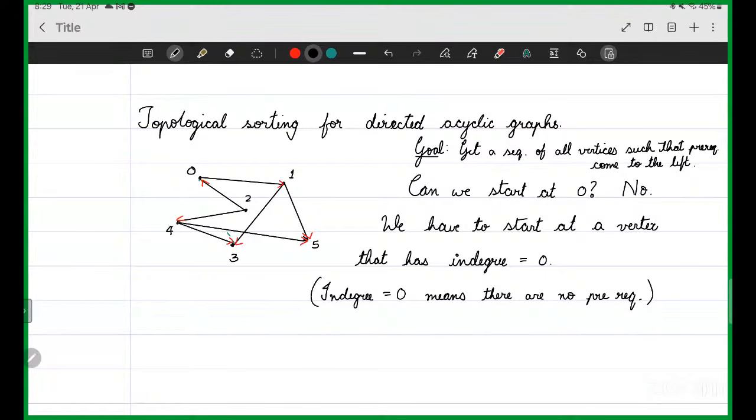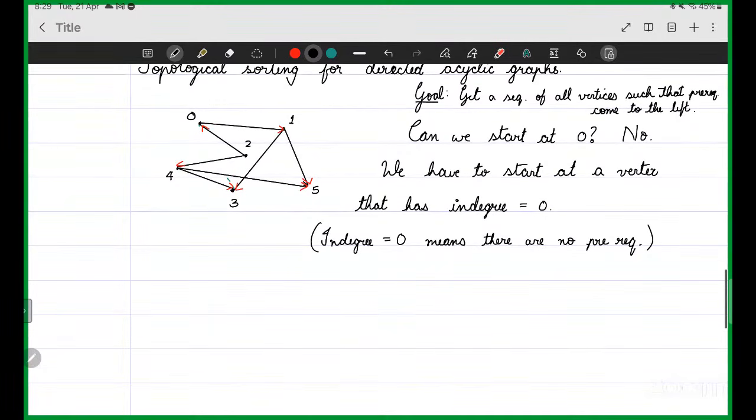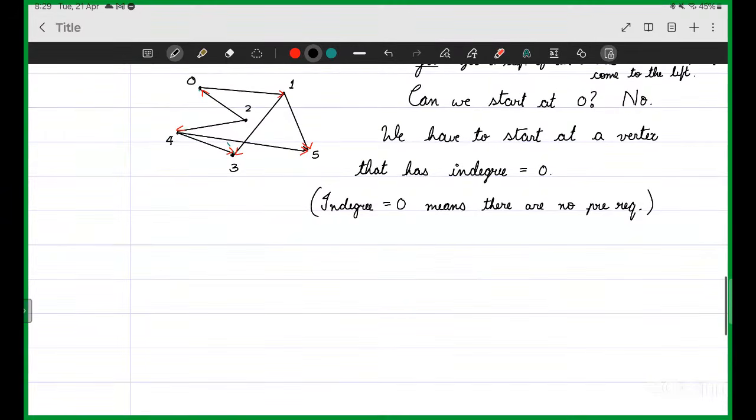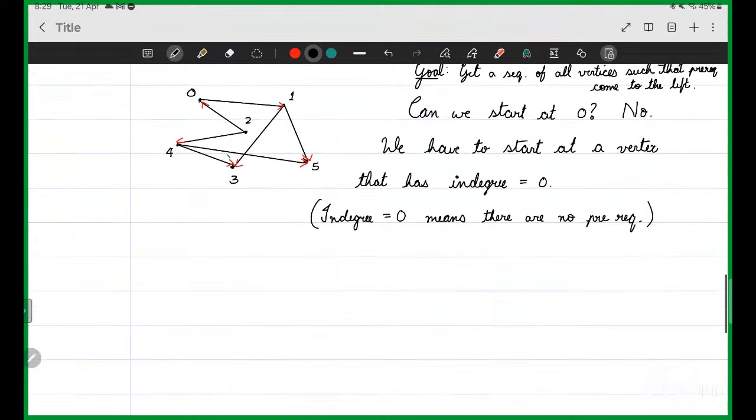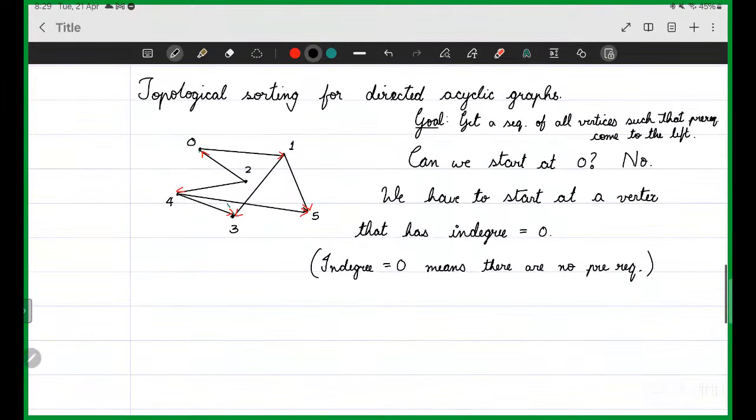Okay, so first of all, there is one result that we have to prove, otherwise this whole thing falls apart, right? In this case, do you see vertices with no in degree? Yes, sir.